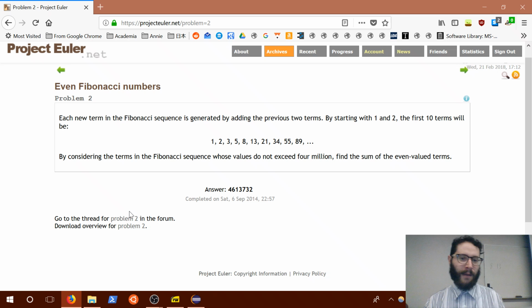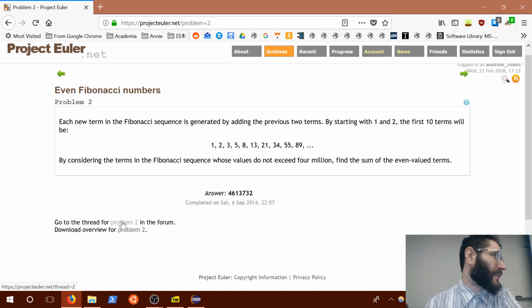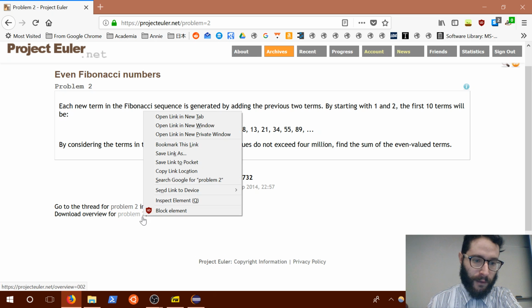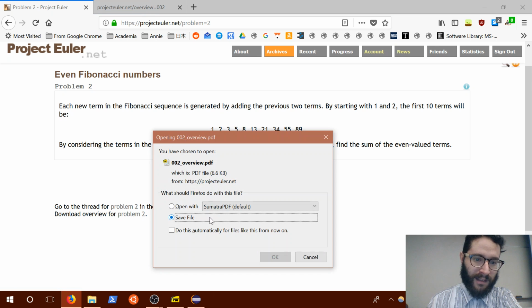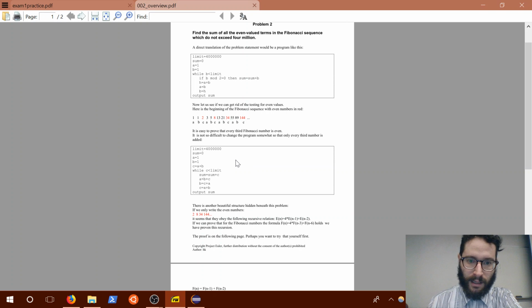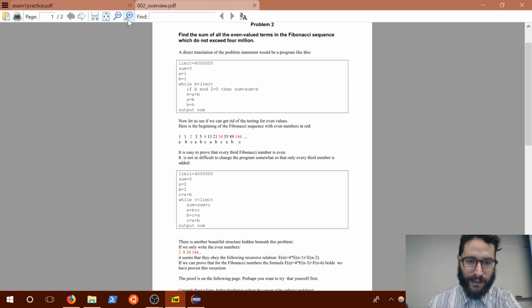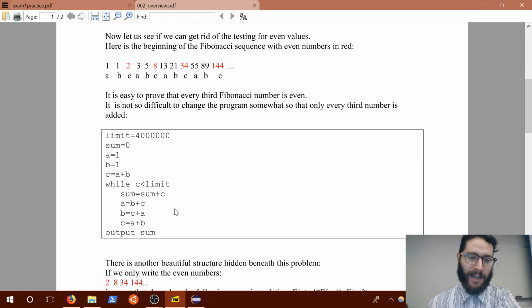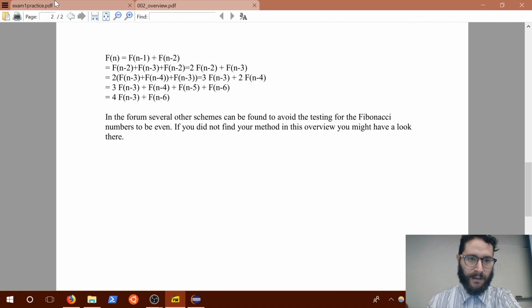And once you get an answer to a problem, the nice thing about Project Euler is that you get access to an overview for the problem, which gives you some insights that you may not have noticed about how to solve the problem. It turns out that it's odd, odd, even, odd, odd, even, odd, odd, even for the Fibonacci sequence. So you can do it that way.